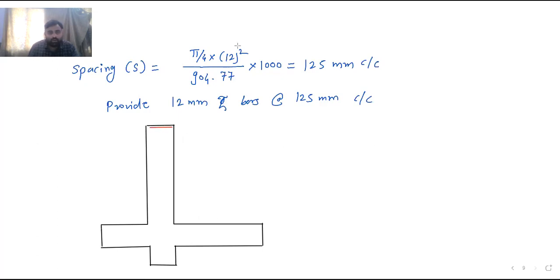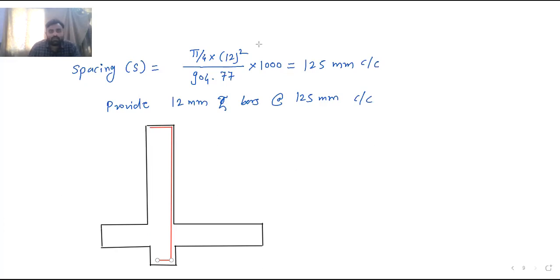Then it will move down up to the shear key. It is continued in the shear key, and then it will bend again, somewhere here. This is the main steel bar in the stem.